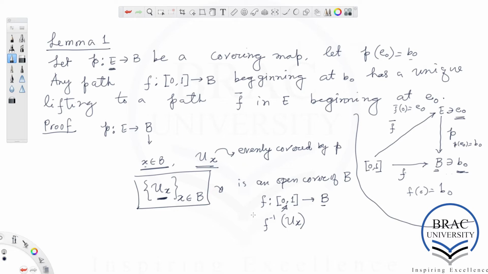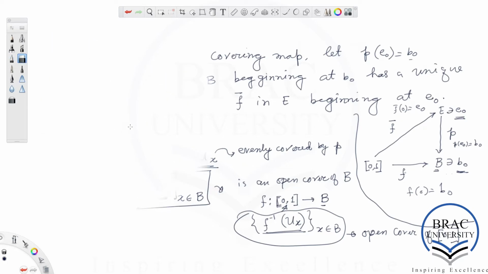Which means that the collection of all such open subsets of 0, 1 is going to be an open cover of the interval from 0 to 1.